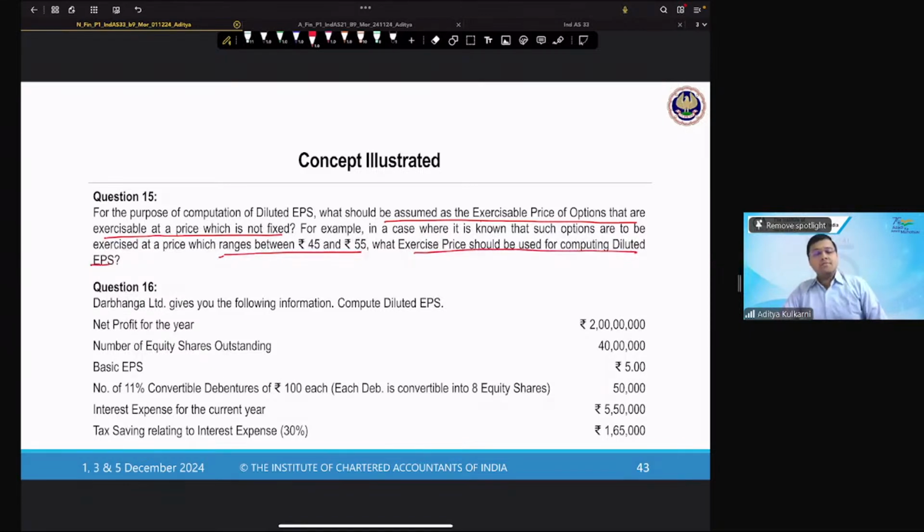If I take it 55, उतने शेयर मिलेंगे ही नहीं जितने 45 पे मिल रहे थे. So my worst case scenario for EPS will be only if the exercise price is lowest. Did you understand? Yes.